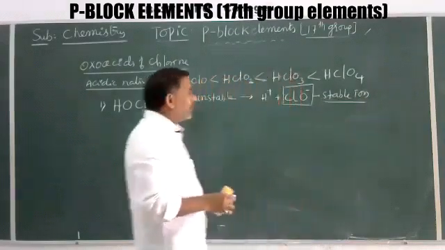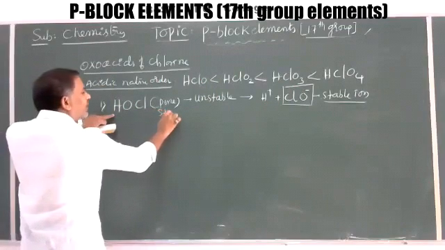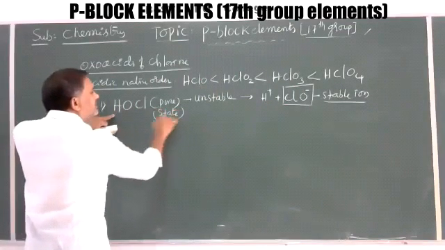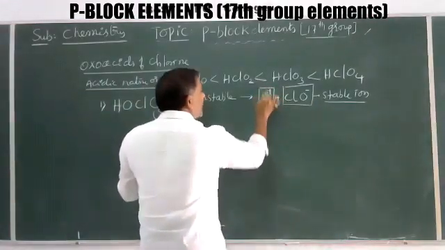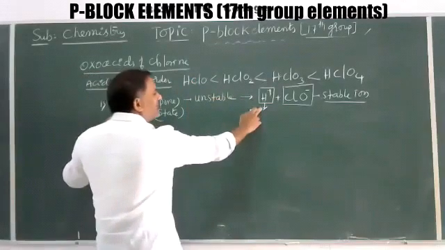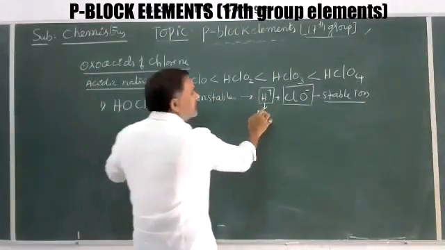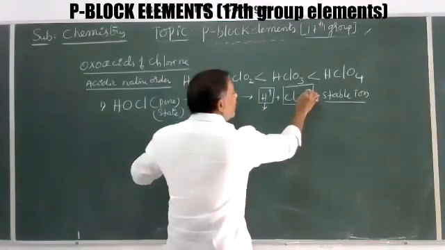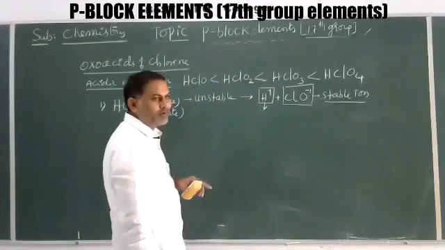Means in pure state HOCl is not stable, it is unstable, easy to dissociate, it gives H plus ion. That's why it is acidic in nature, it gives ClO minus. Now that ion is a stable ion.